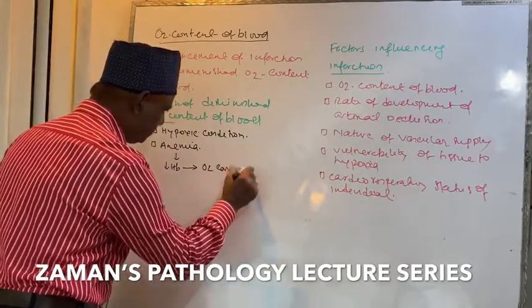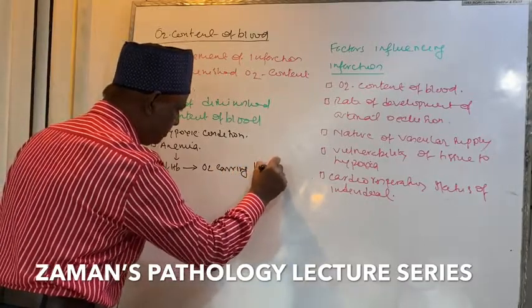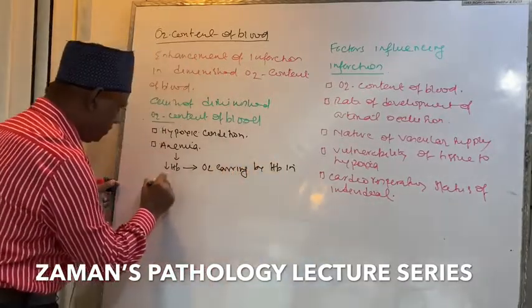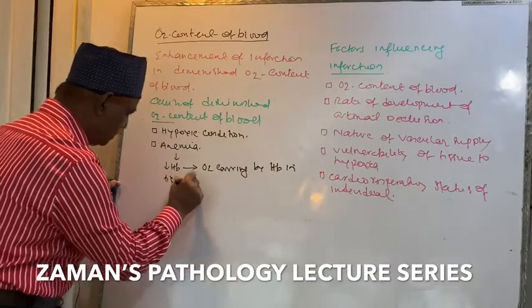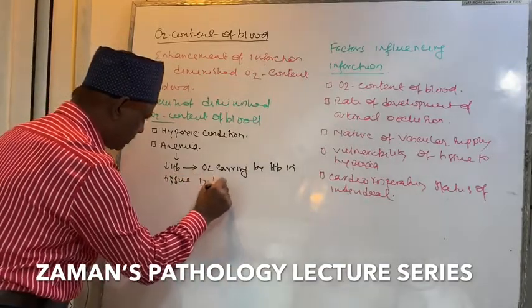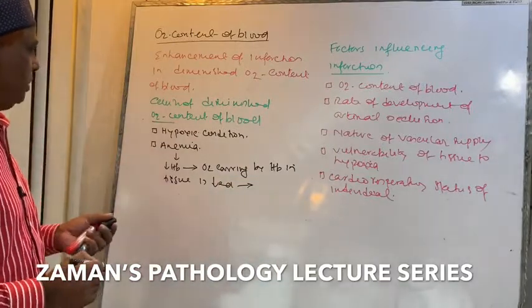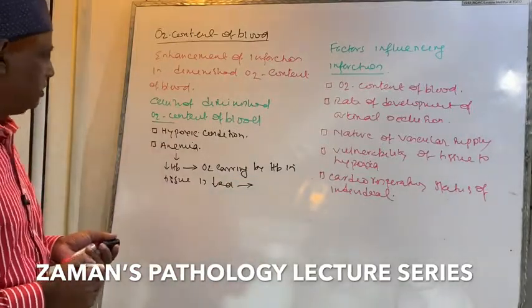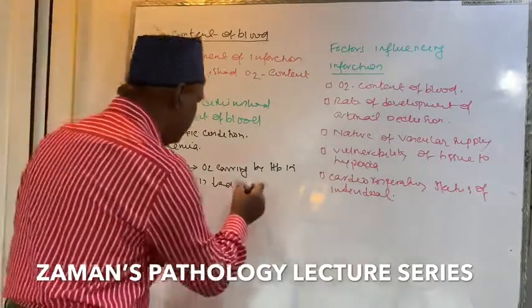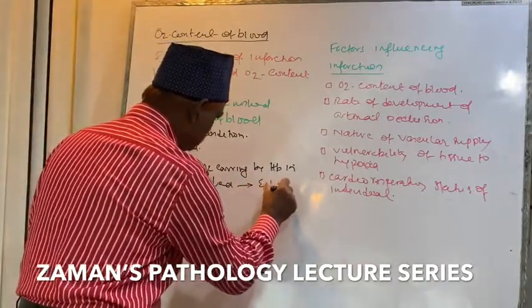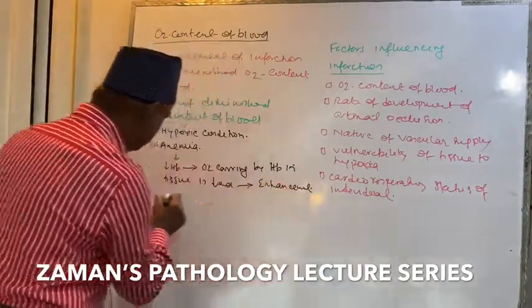In anemia there is reduction of hemoglobin, and oxygen is carried to tissue and cell by hemoglobin. If there is reduction of hemoglobin, tissue and cell will get minimum or diminished oxygen. So, diminished oxygen will enhance infarction.